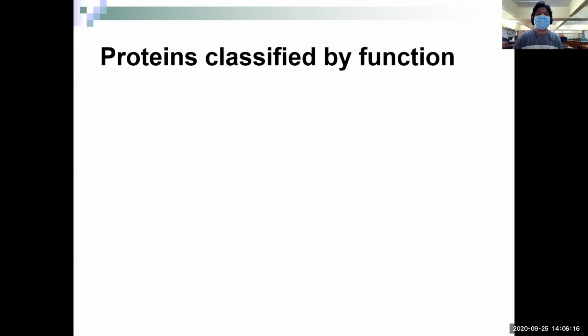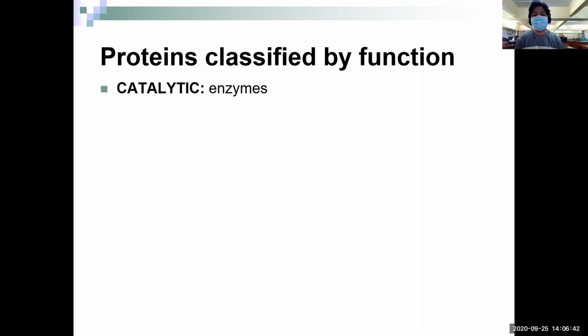So the way we classify proteins, we classify them based on their structure, or we classify them based on their functions. So we have the classification of proteins by function. We have the catalytic proteins. Catalytic proteins are proteins that can catalyze mga reactions.